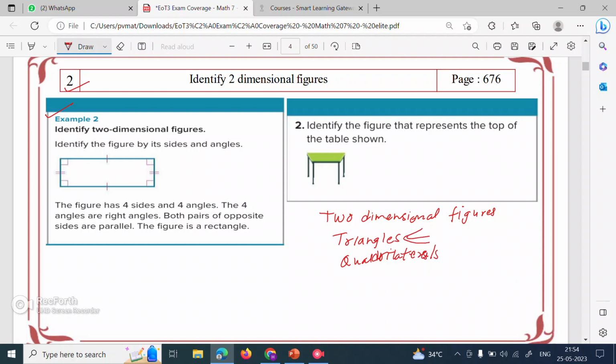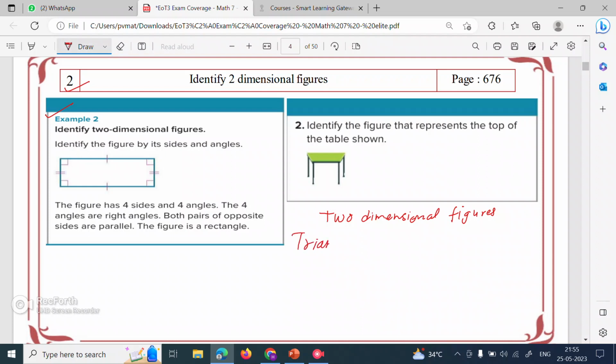Triangles we can classify according to the sides or according to the angles, and quadrilaterals we can classify further. Triangles have 3 sides in total. A 3-sided figure is called a triangle. I will start again with the triangle. I'll give you a little knowledge of triangles and quadrilaterals. It will become easy for you.